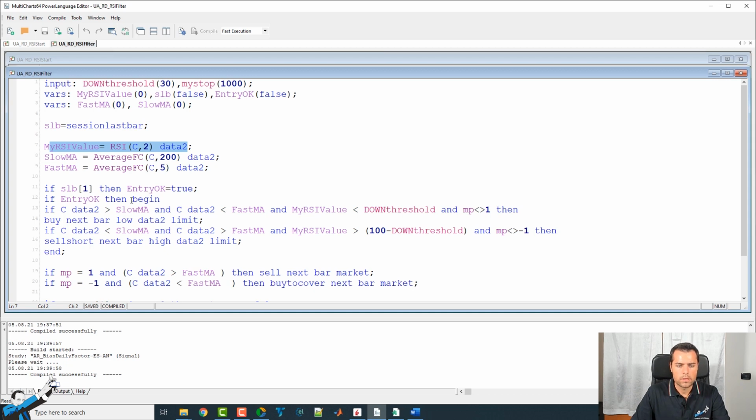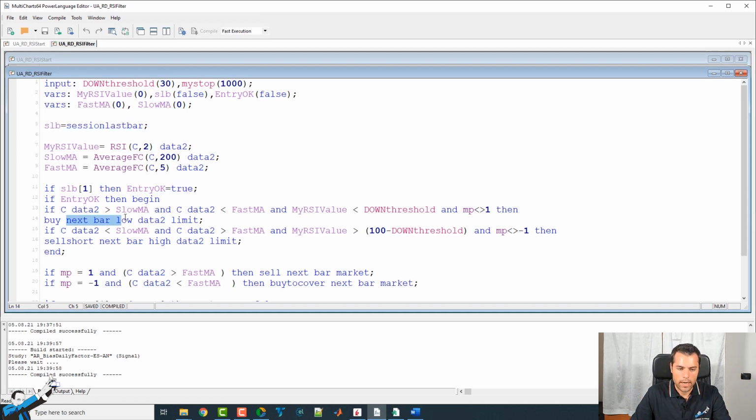The strategy works with an intraday time frame, but its entry rules follow the trend of the chart of data 2, that is the daily bar chart. Here we see that entry OK is equal to true only if the session has actually started. So if session last bar of the previous bar is equal to true, then we will make the entry.